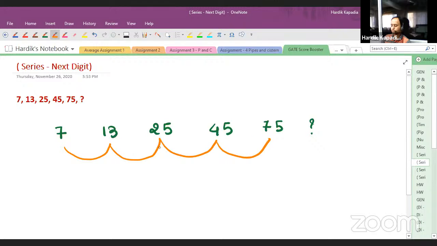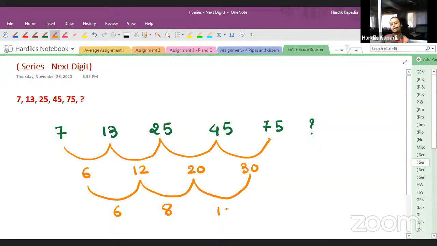So it is 6, 12, 20, 30. So it's like 6, 8, 10. So maybe 12, 42. 75 plus 42 is 117.